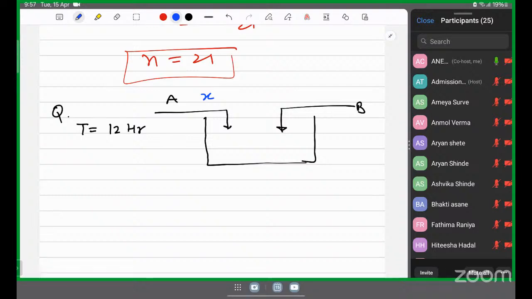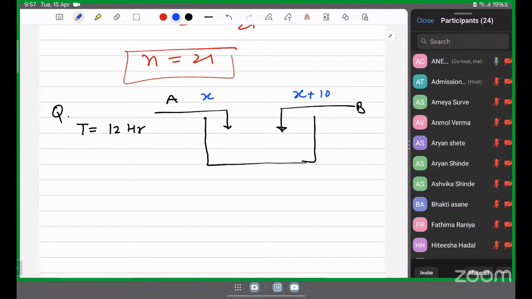So if A is taking X unit time, B will take either X minus 10 or X plus 10. If I take X plus 10 for B, A will be the second one because A will fill it faster.